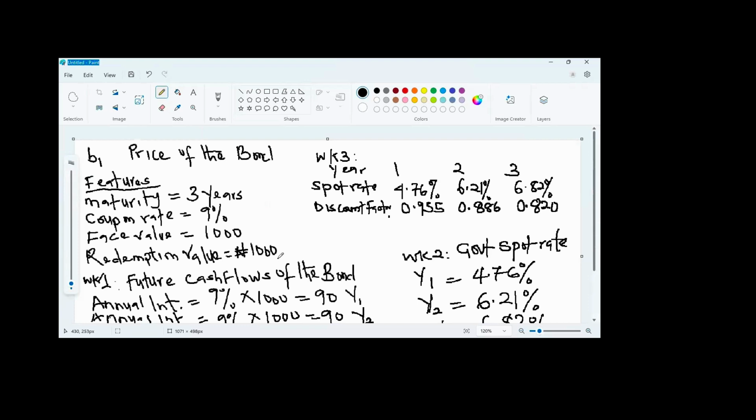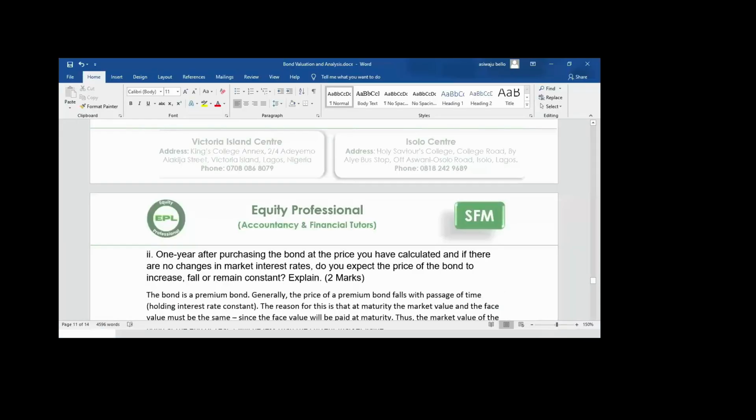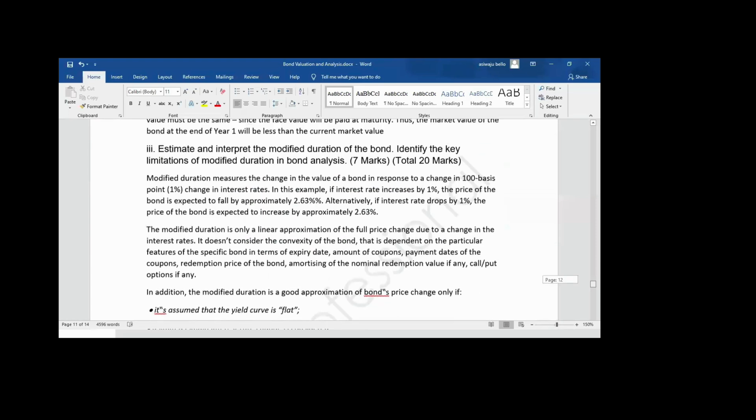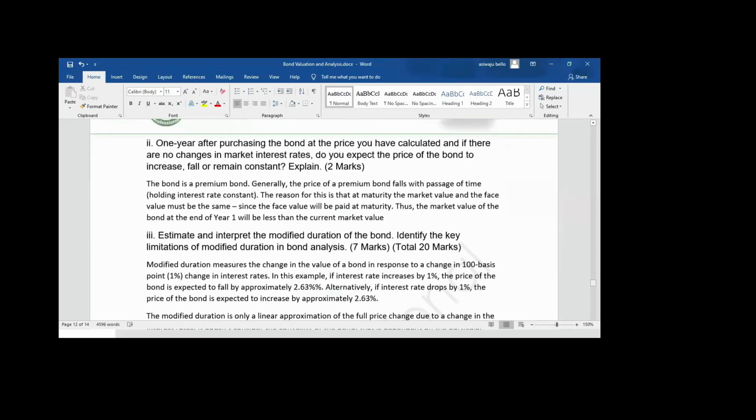We can now explain. Back to the question. Please look at the explanation. This is the explanation.